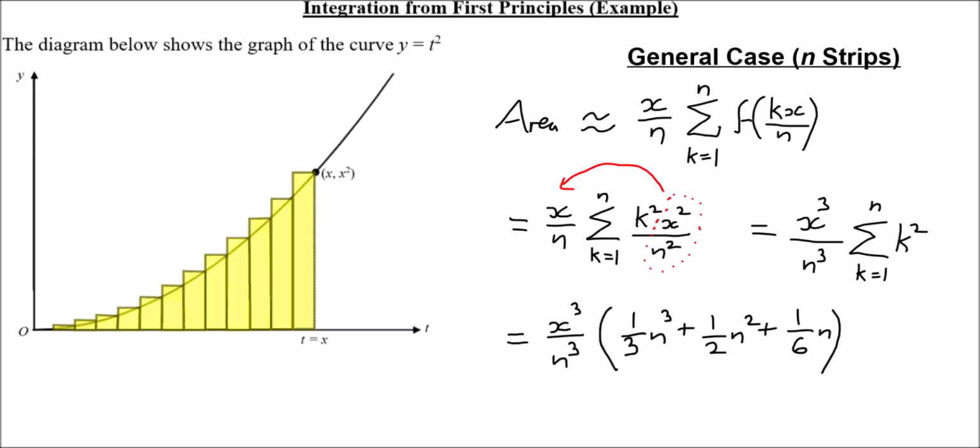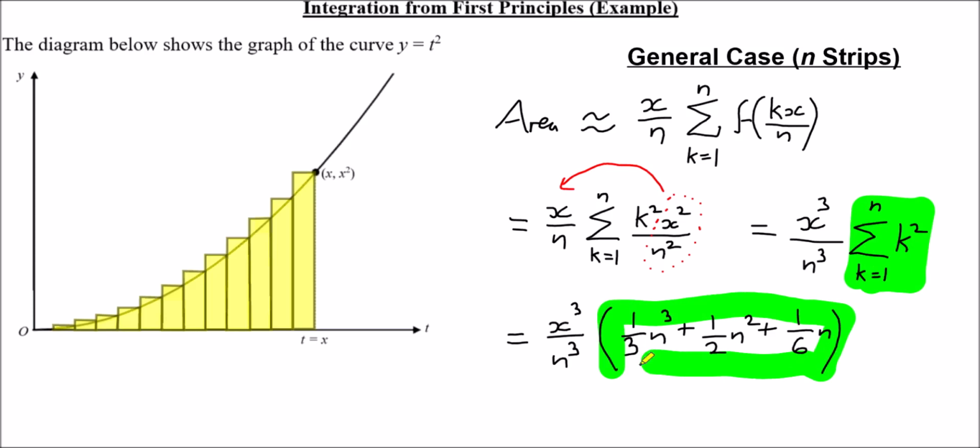So all I've done here is I've used that result from before and said that the sum, it's just a fancy way of writing the sum of the first n square numbers. That becomes this. Okay. Now it's a bit of an ugly looking bracket, but we can use what we know about brackets already, and we can expand this out.